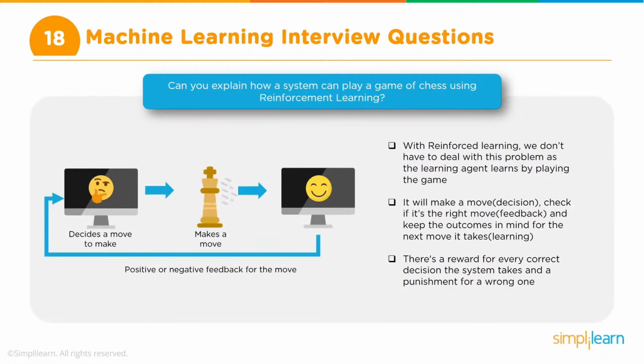So the way it works is, in reinforcement learning, in this case we are talking about chess, we allow the system to first of all watch a game of chess being played. It could be a human being or it could be the system itself. There are computer games of chess, right?